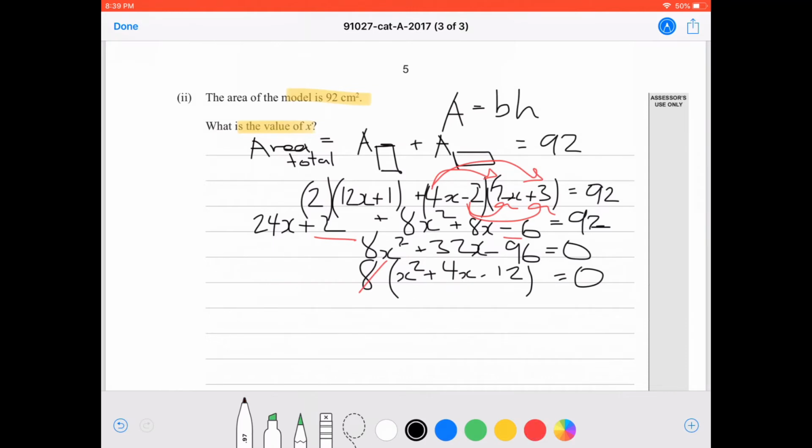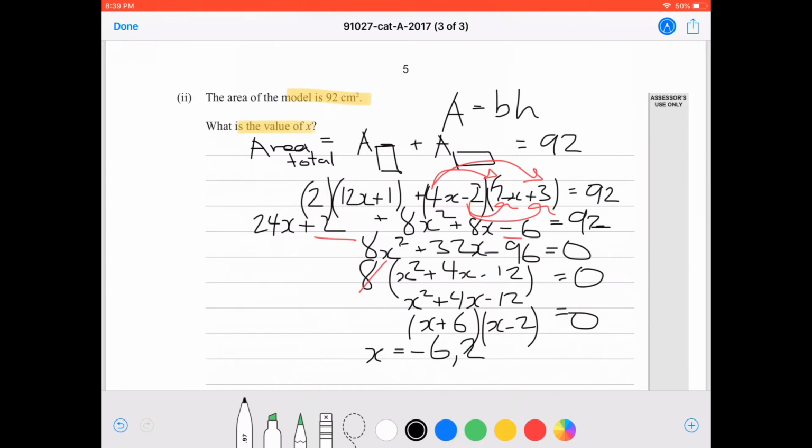And we're left with x squared plus 4x minus 12. So factorizing this, positive 6 and minus 2, and it equals 0. So x equals minus 6 or positive 2.